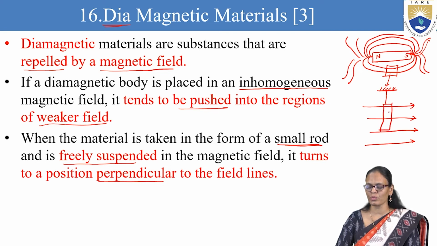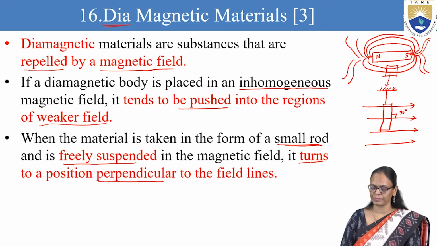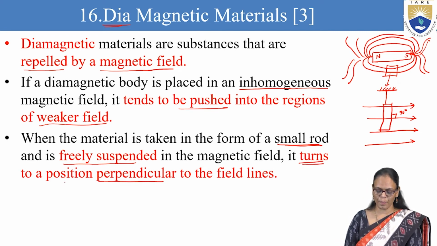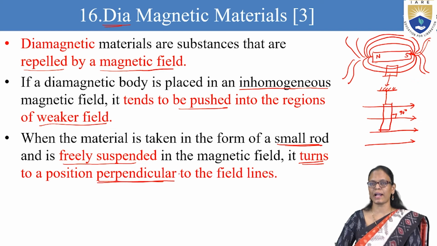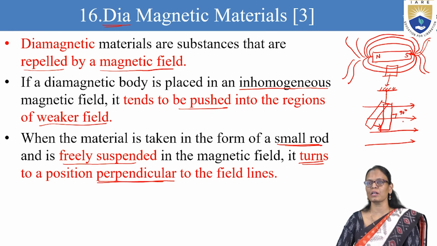Whatever position you keep this rod, it will always rotate and come perpendicular to the direction of the field. It turns into a position perpendicular, means at right angles to the field lines. You may place it in any position, but it will always come back to this position, aligned perpendicular to the field.